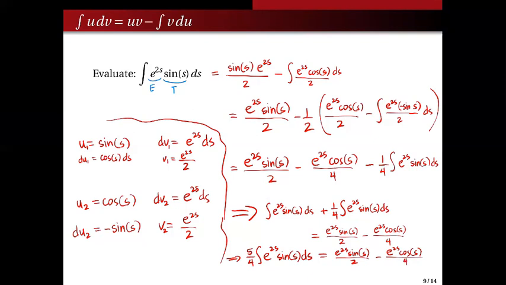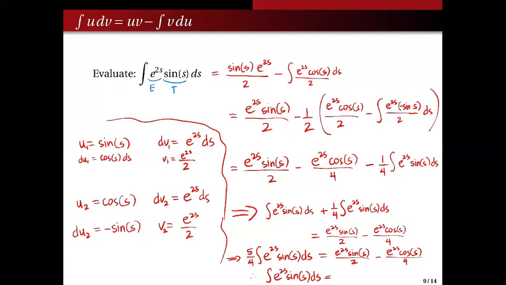So anyway, therefore, integral e to the 2s sine s ds. So we multiply by the reciprocal of this.